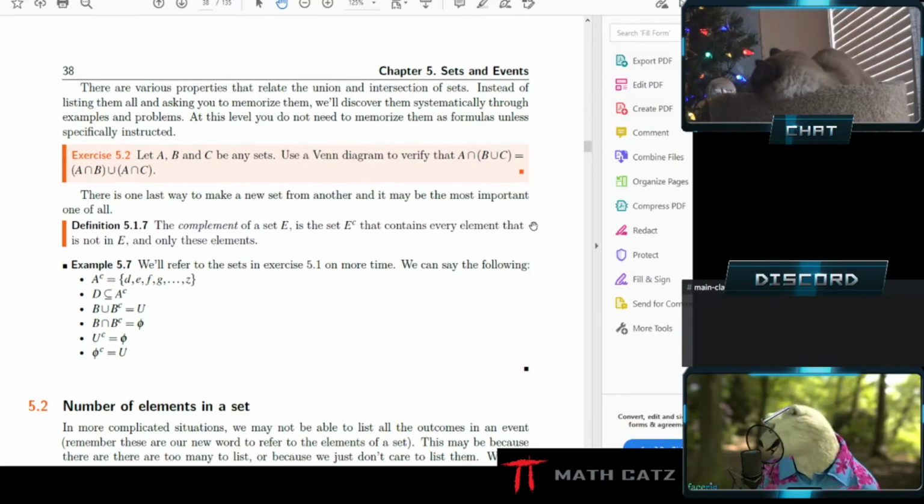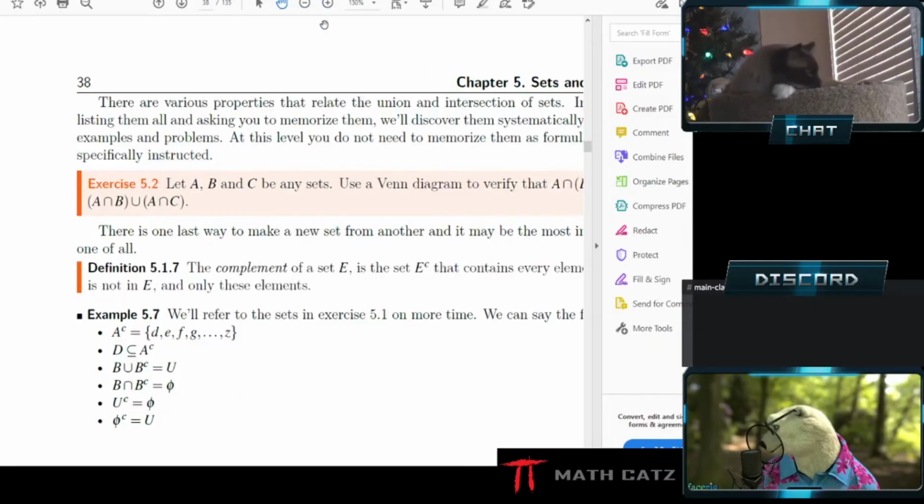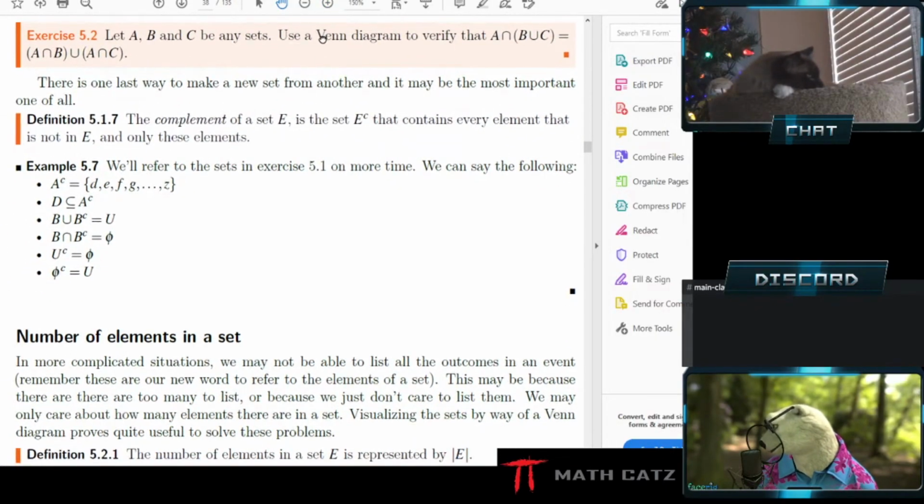Let's look at exercise 5.2. Where I'm just going to read this first, and we have to understand what it means, what it's asking us to do. Let A, B, and C be any sets.